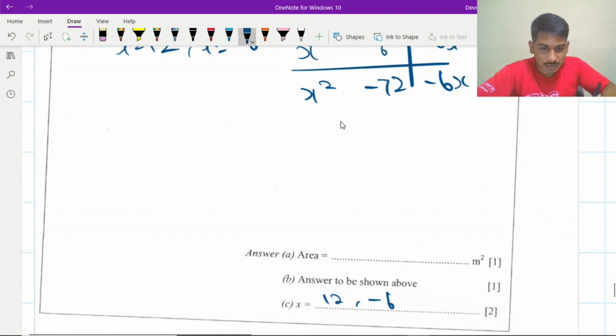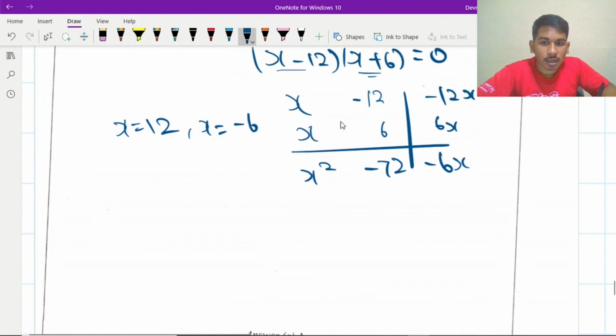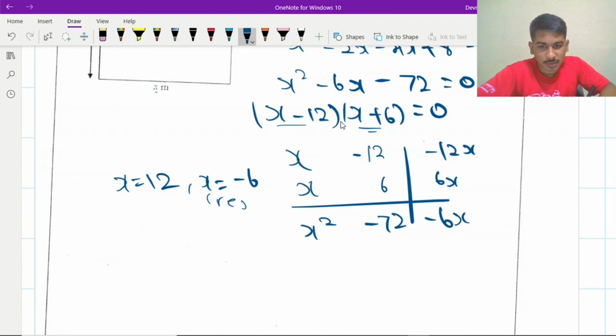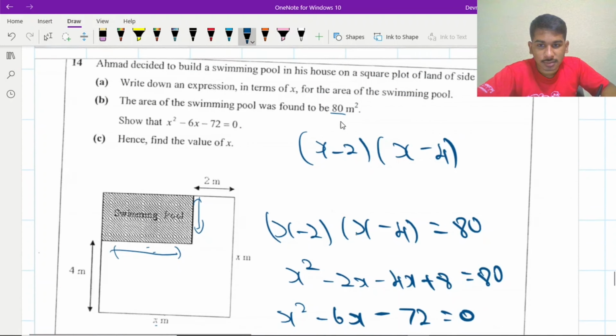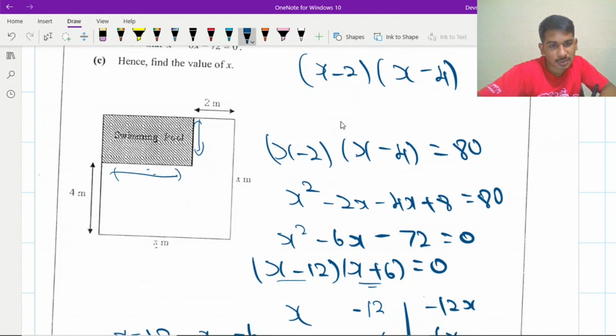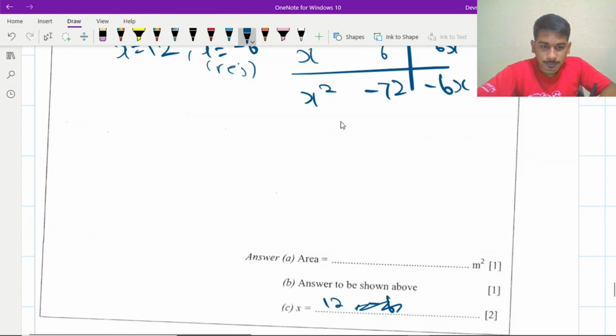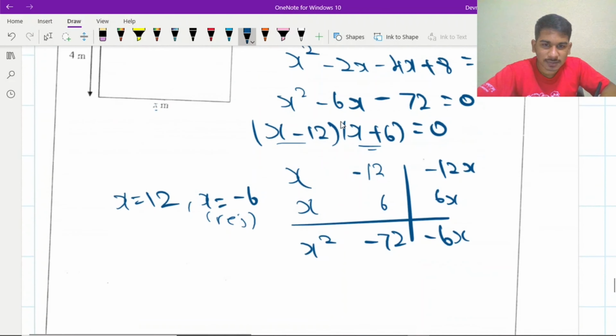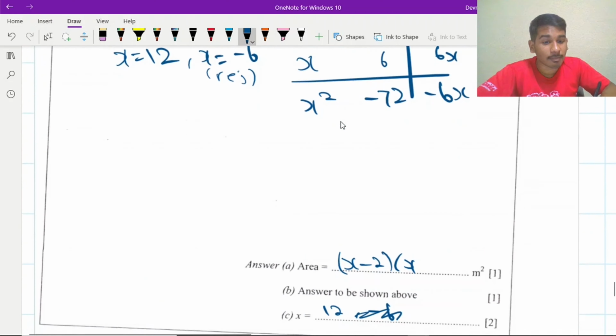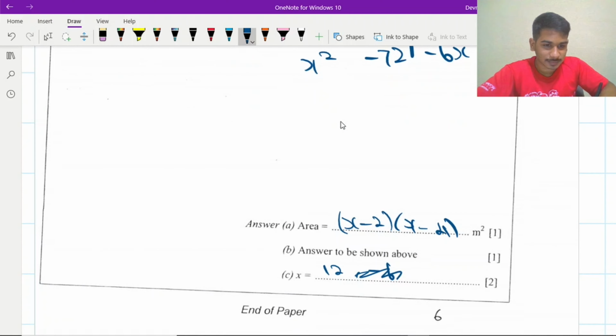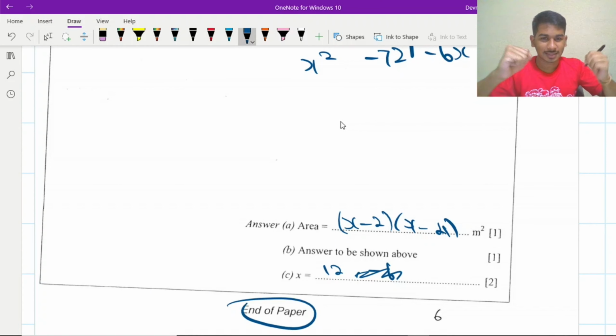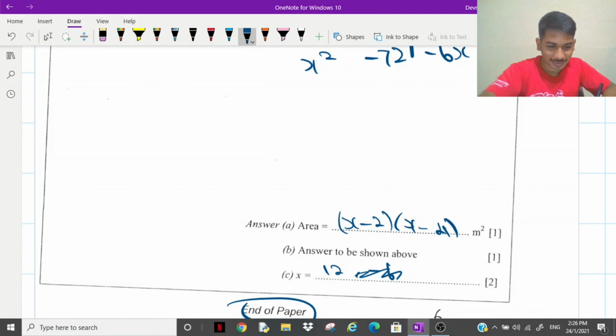So it's not negative 6, it's only 12. Rejected. Okay. Area. No. Find the expression. So it's just x minus 2 times x minus 4. Sorry for this tumbling around. Oh, another paper. Yes. How long did I take? I don't know.